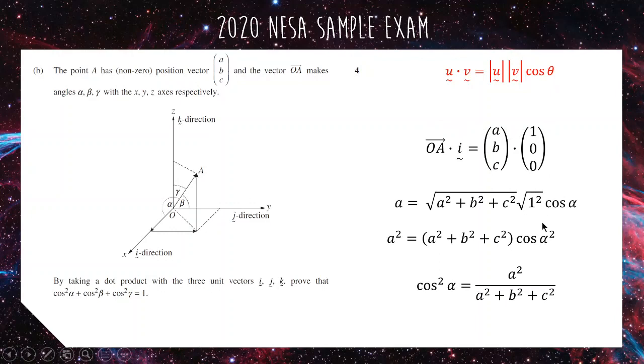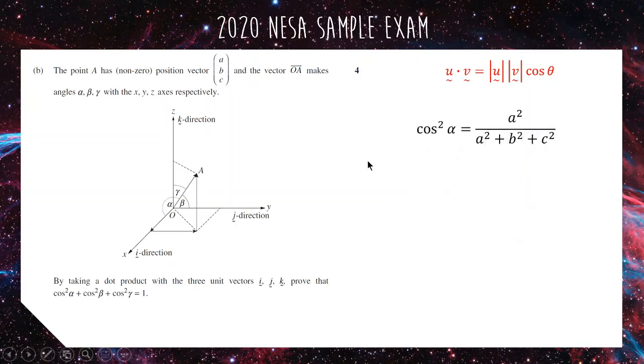Just make sure you do it correctly, unlike me, and write cos squared alpha, not cos alpha squared. But go through this process again, and I promise you, you will get that cos squared beta is b squared over the same denominator.